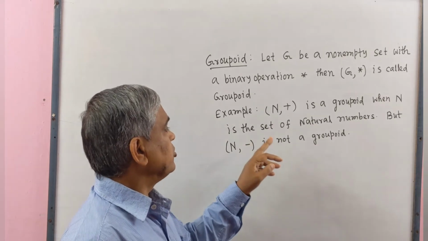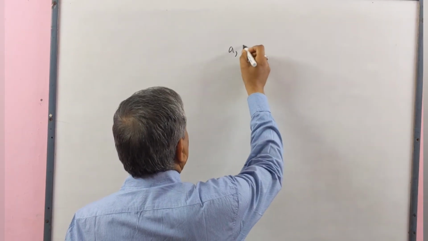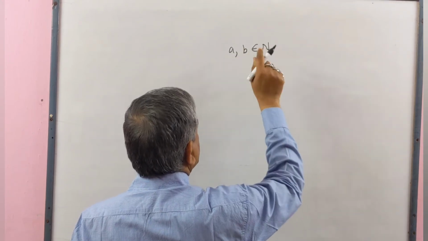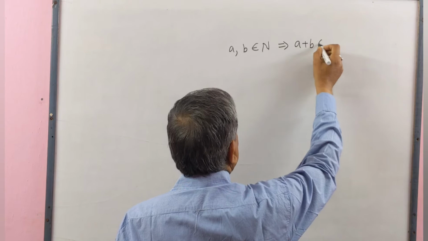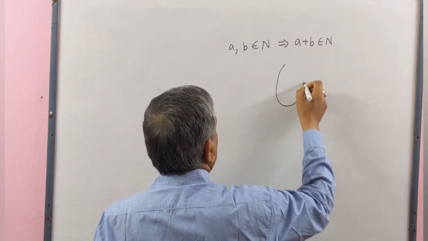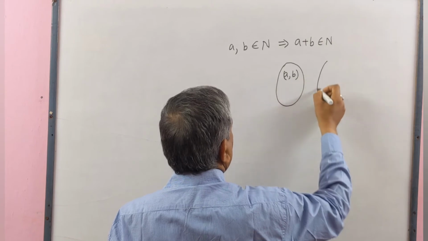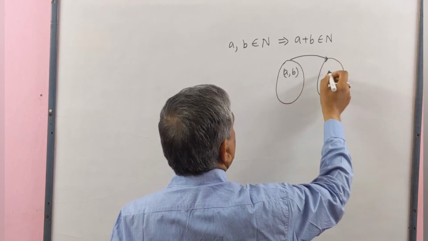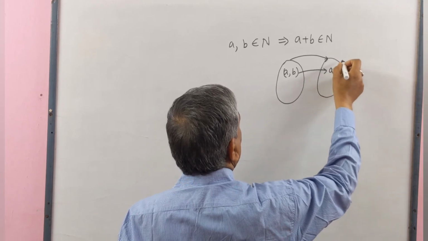subtraction is not a groupoid, because if A, B belong to N, that is A, B are two natural numbers, it implies that A plus B belongs to N. Therefore, for ordered pair (A, B) in domain, we get its image A plus B in codomain.